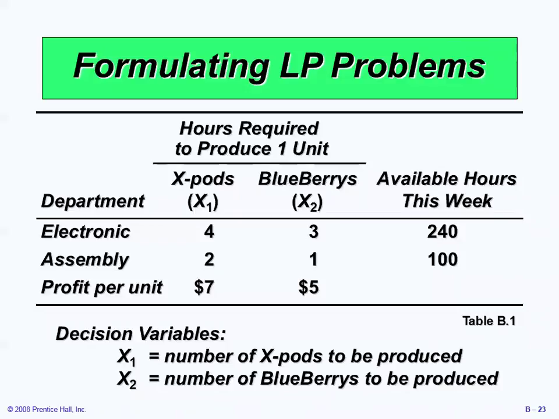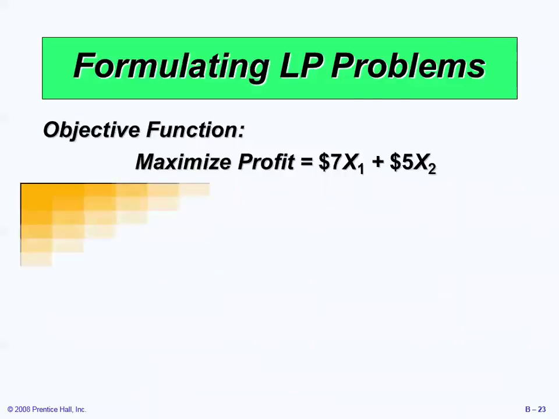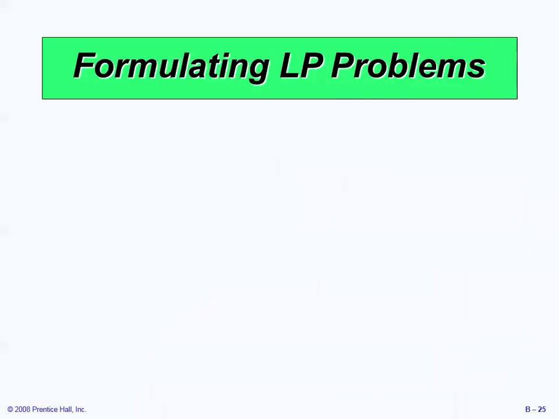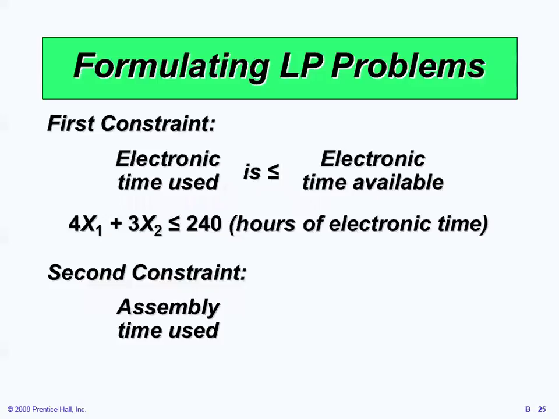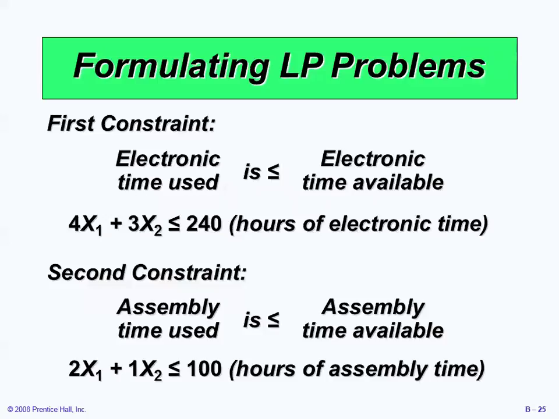For X2 Blueberries, we require 3 into X2. And so the total time requirement in electronic department will be 4X1 plus 3X2. And that has to be less than or equal to the time available, which is 240. So electronic time required is 4 into X1 plus 3 into X2, the left-hand side. And the right-hand side is the availability, that is 240.